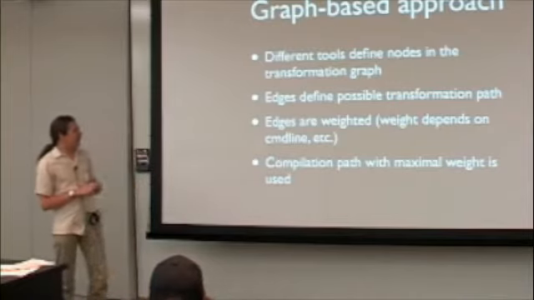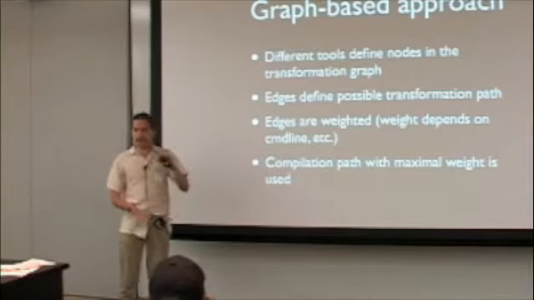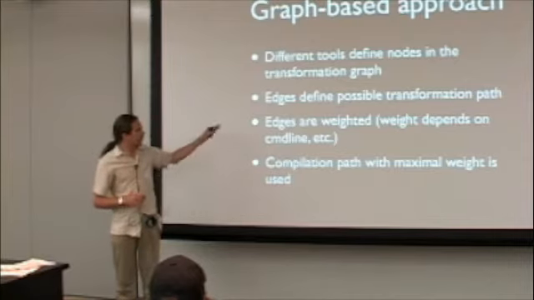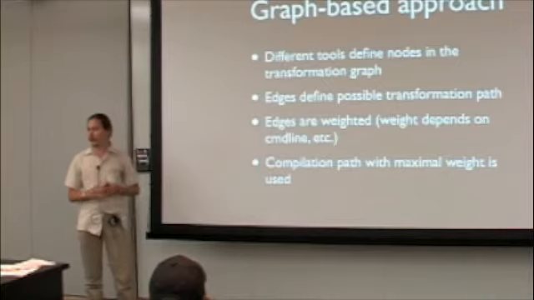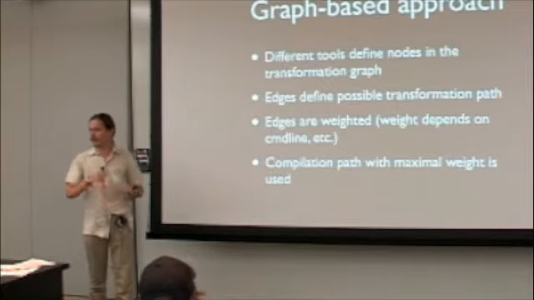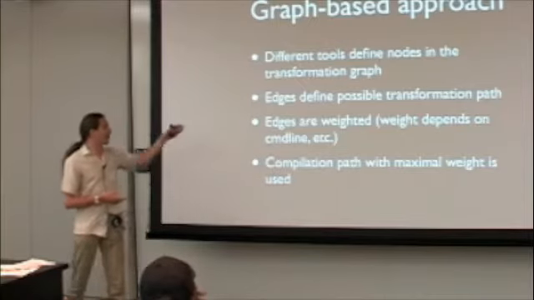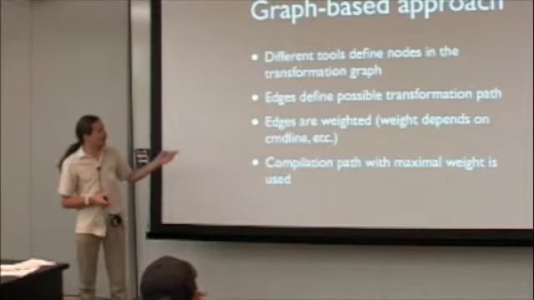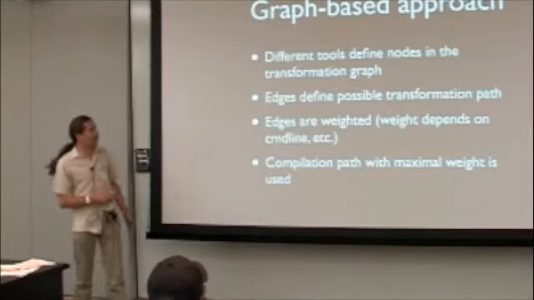These edges are weighted, so the weight depends on the command line, the set of input languages, and so on. It's actually something internal to the compiler driver, because the compilation path with maximal weight is used. I won't say much about this, so if anybody is interested in exactly what the weight is and how it's calculated, you can consult the documentation.